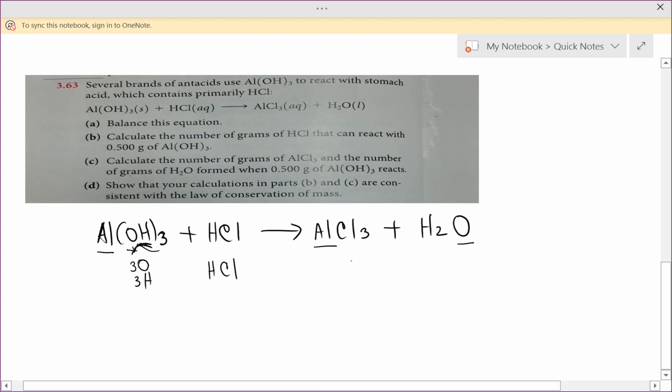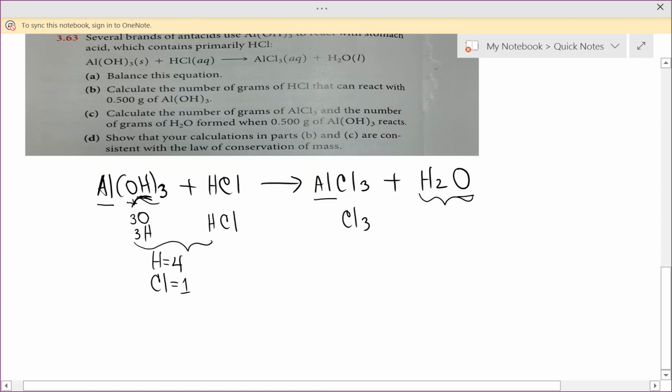Then we have 3 chlorines on here, and on here we have 1 oxygen and then 2 hydrogens. So in total on this side we have 3 plus 1, we have 4 hydrogen atoms, and then 1 chlorine atom, and then oxygens we just have 3 on this side, and then aluminum we just have 1.